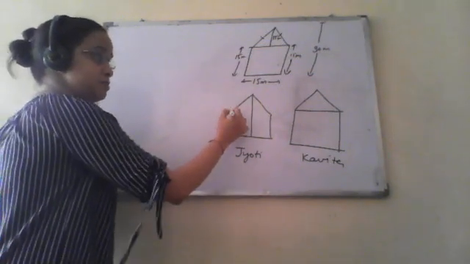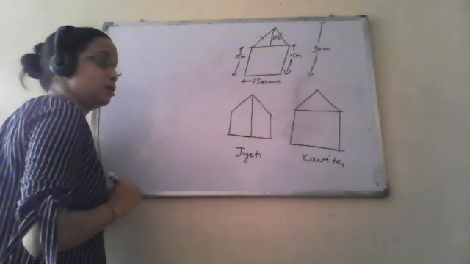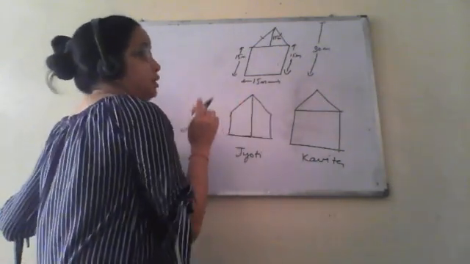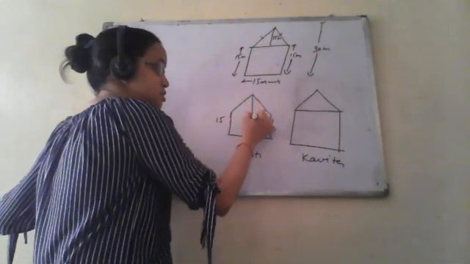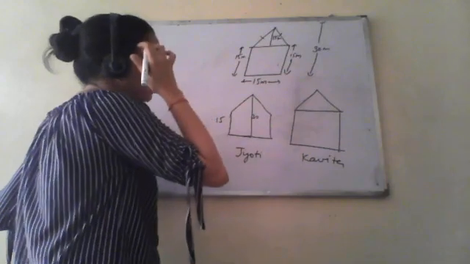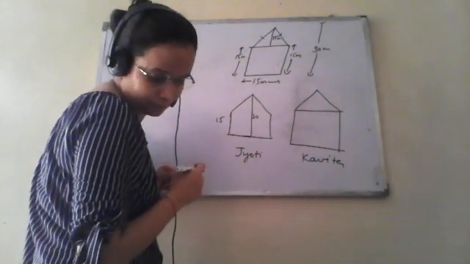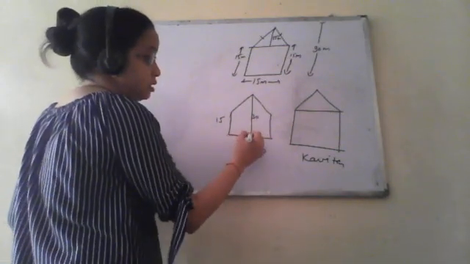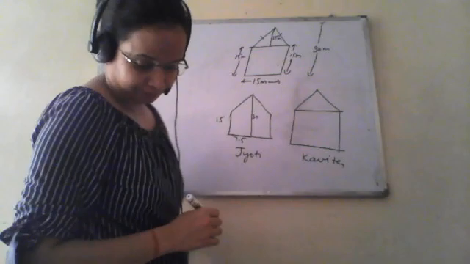This is a trapezium, this is the perpendicular distance, and these are the parallel sides. So this is 15, this is 30, and this will be 7.5.